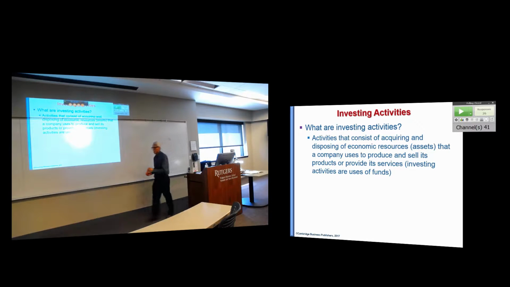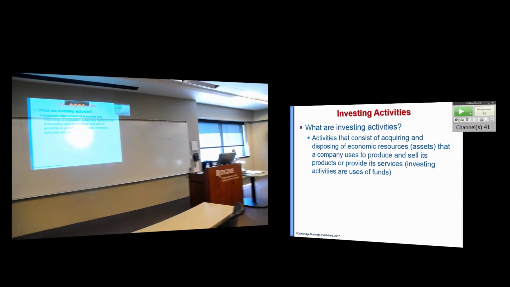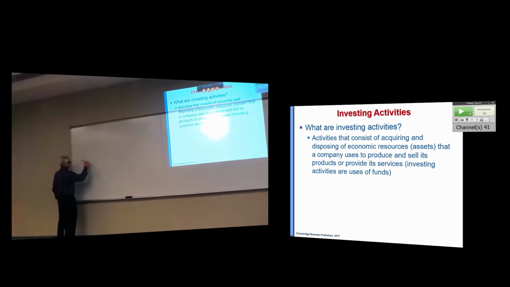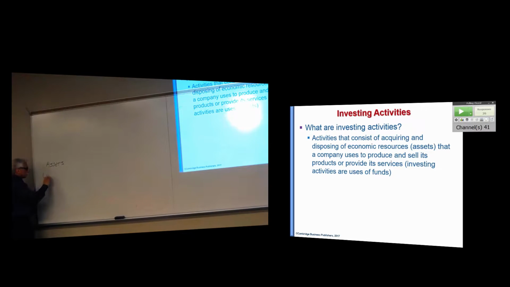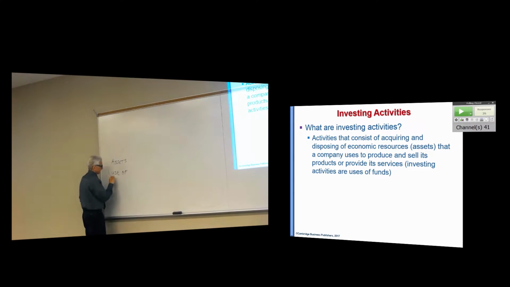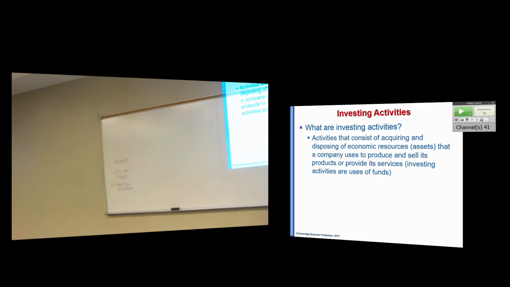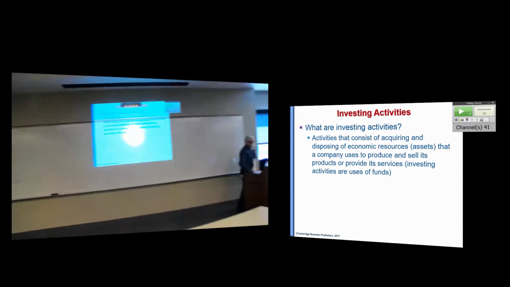So if we look at the balance sheet itself, or the accounting equation, this is going to be our use of funds, and that's where we're going to have our investments. So we're going to go out and acquire assets that we're going to use in the business that will help us provide goods and services.